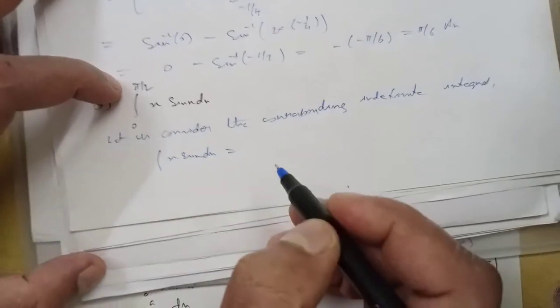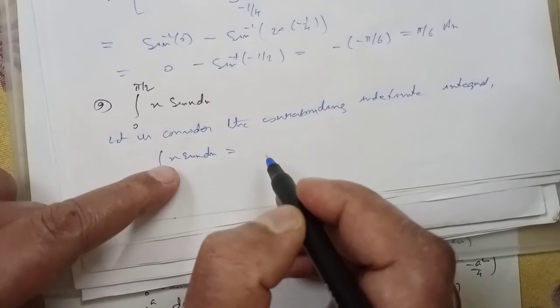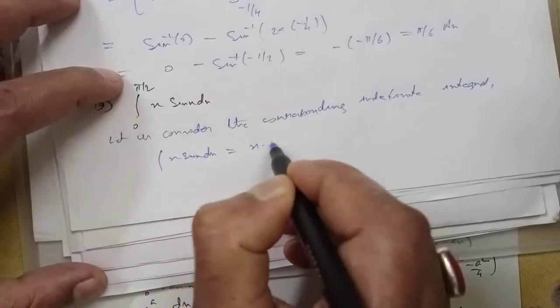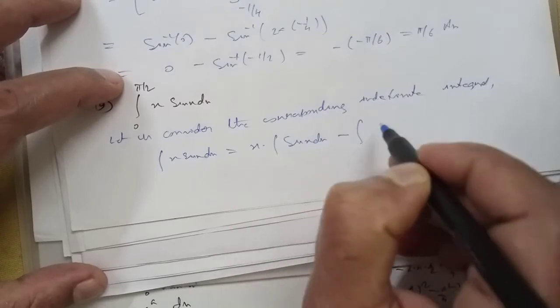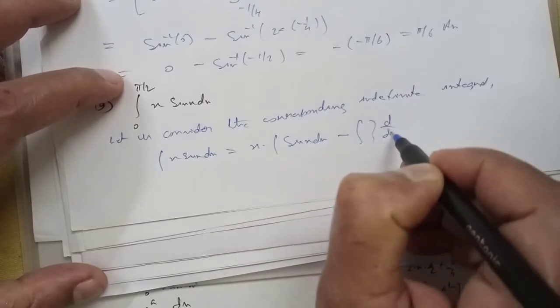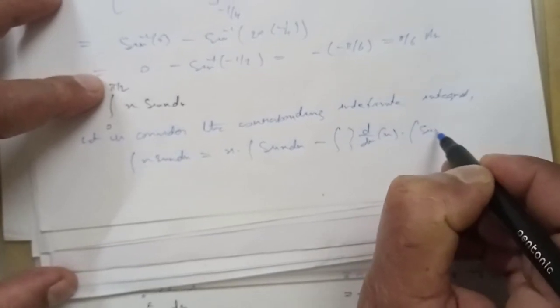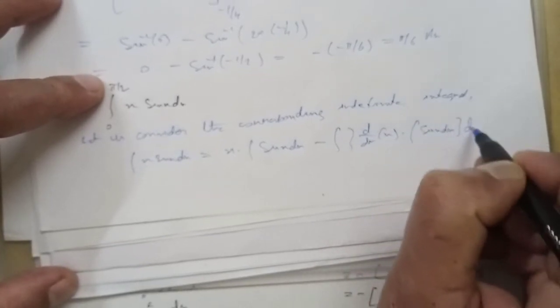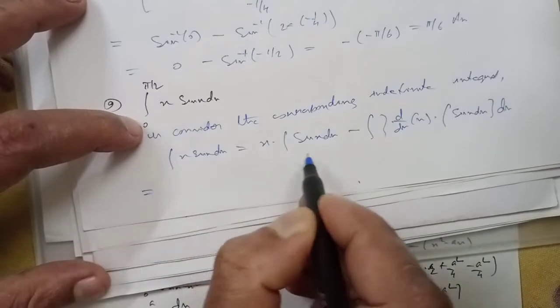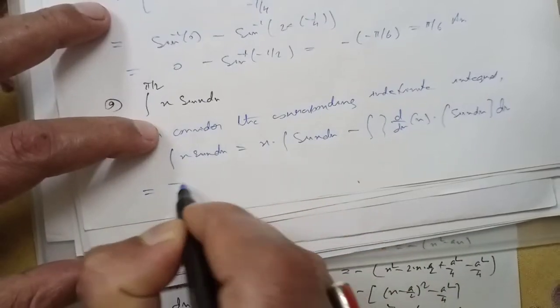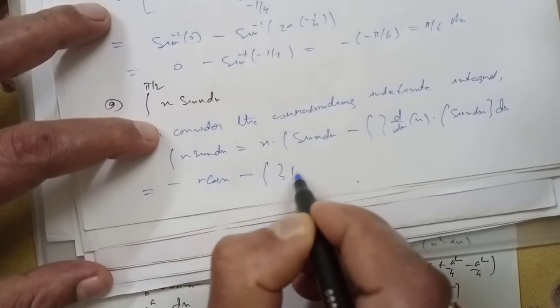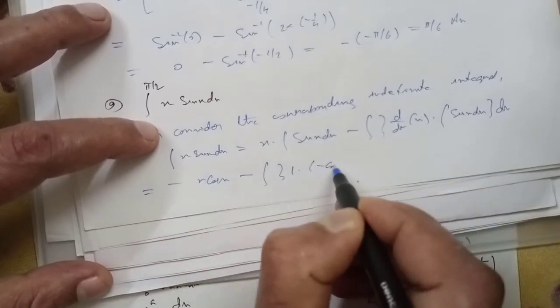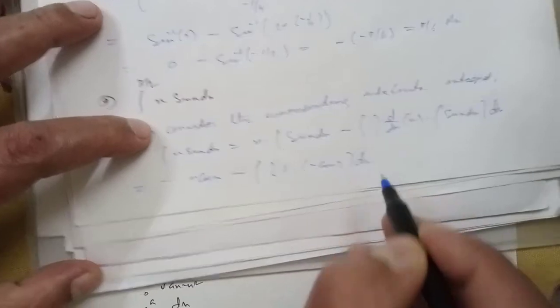Now solve it using by parts. So obviously here x is your first function, x into integration sin x dx minus integration, second bracket, derivative of first function, then integral of second function, then the whole integral. Integral of sin x is minus cos x, so this will become minus x cos x minus integration, this is 1, this is minus cos x, then dx.